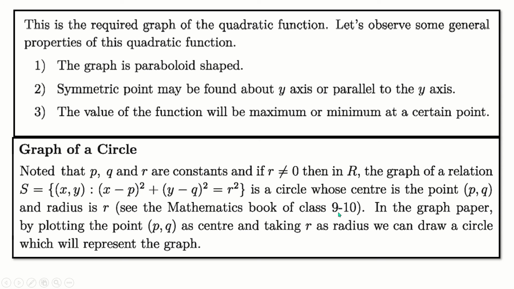You can follow your general math book, class 9-10. In the graph prepared by plotting the point pq as center and taking r as radius, we can draw a circle which will represent the graph.